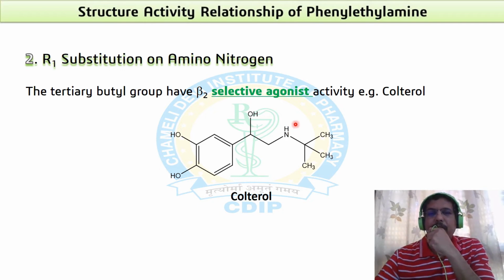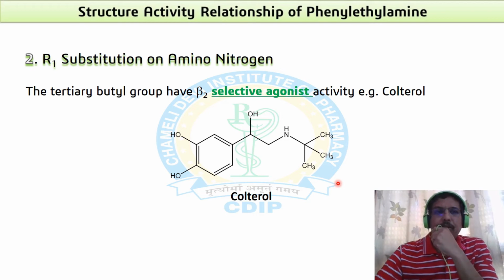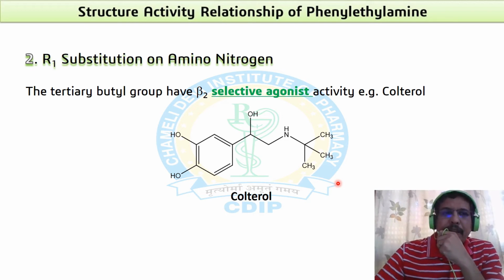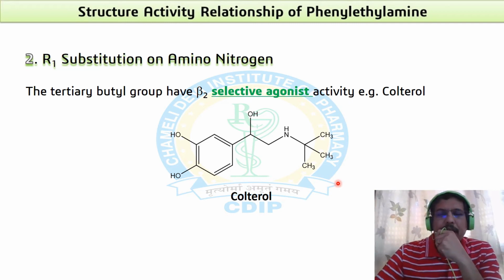The only change occurs on the terminal portion of the phenylethylamine, where one hydrogen is replaced by a tertiary butyl group, and this tertiary butyl group gives beta 2 selectivity to the molecule.